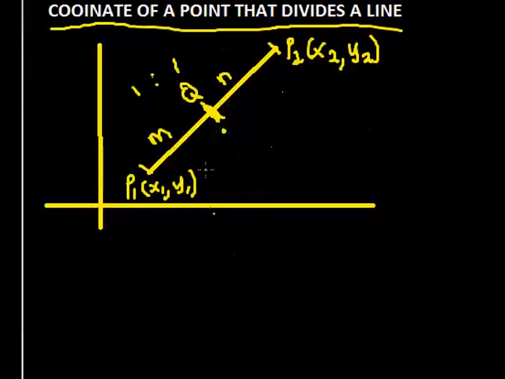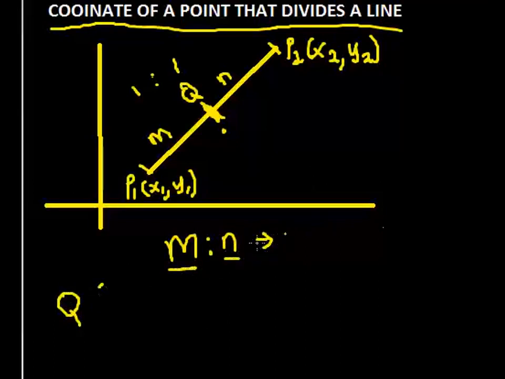So let's look at a situation where it is not equal, where the ratio that divides the line is M is to N. How can I get the X coordinate and Y coordinate of Q? Remember ratio: M is the initial, N is the final.